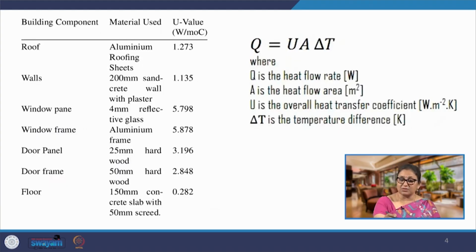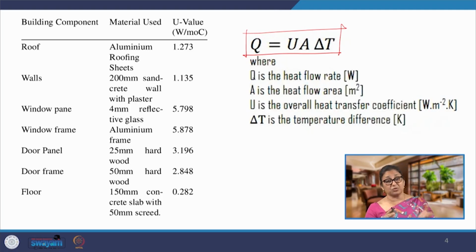So, we have this clear formula, Q is equal to U A delta T. Again, for walling materials or roofing materials, if we are comparing only between the choice of materials, not going into design, what will remain the same? The areas will remain the same, the delta T, the difference of indoor and outdoor temperature, will remain the same.